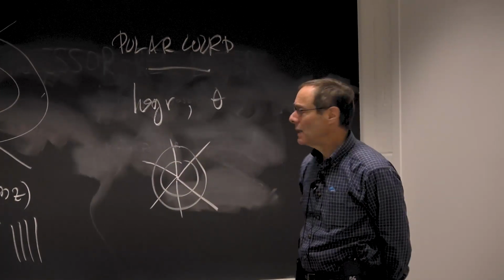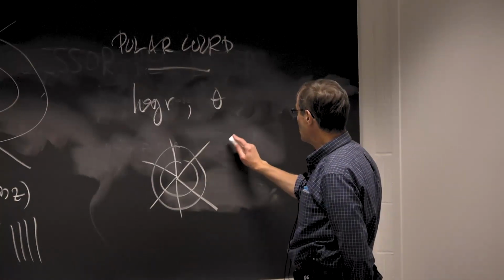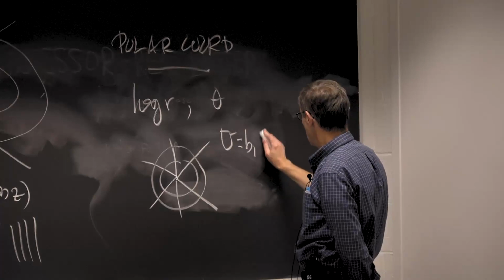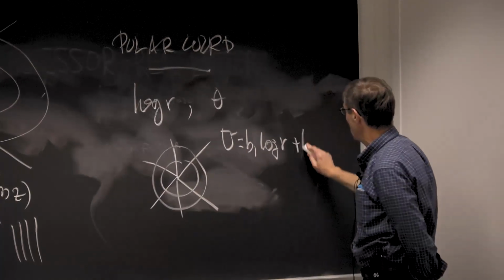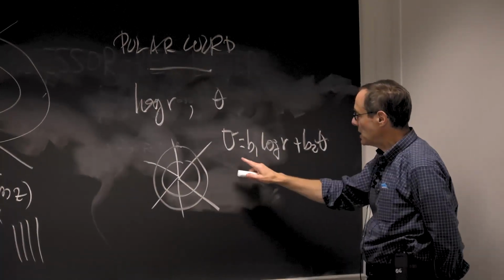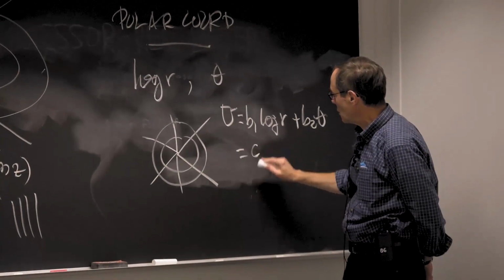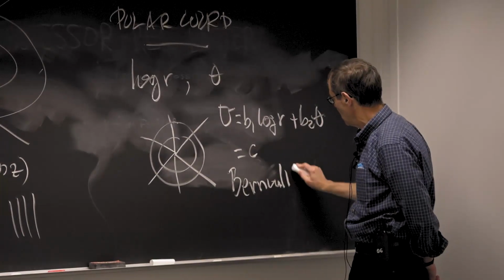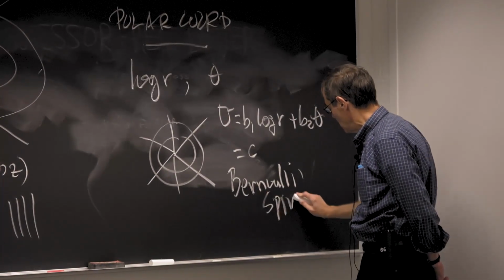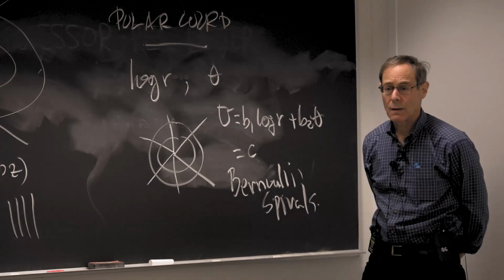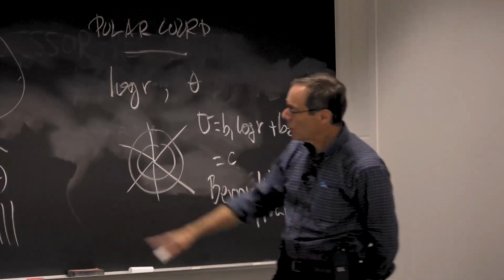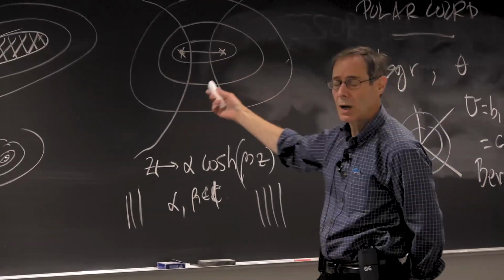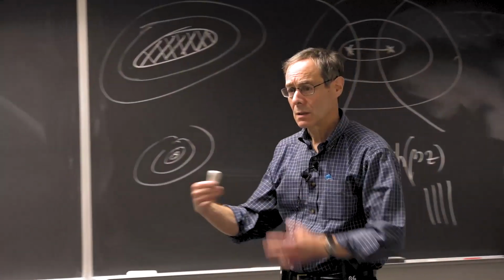Now, after thinking about this for a while, I realized that actually I also want linear combinations of these. So when you set that equal to a constant, you're going to get what are called Bernoulli spirals. Right? That's what these things are. And over here you have the analogous thing, some kind of spiral, which is the linear combinations of the two harmonic conjugates.